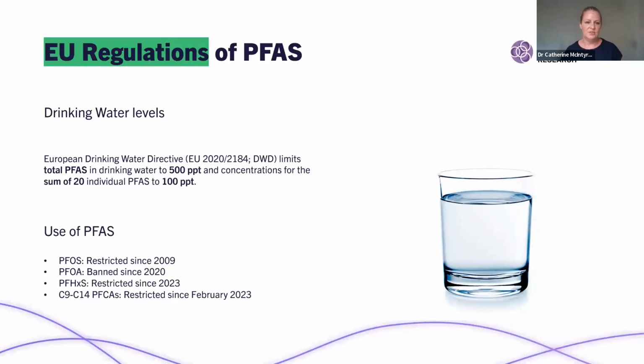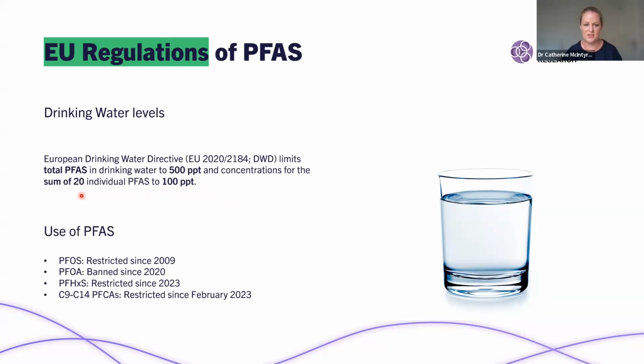So the EU approach then. The EU are trying to regulate PFAS at drinking water levels. At this point, the European Drinking Water Directive limits total PFAS in drinking water to 500 parts per trillion, and concentrations for the sum of 20 individual, listed PFAS compounds to 100 parts per trillion.